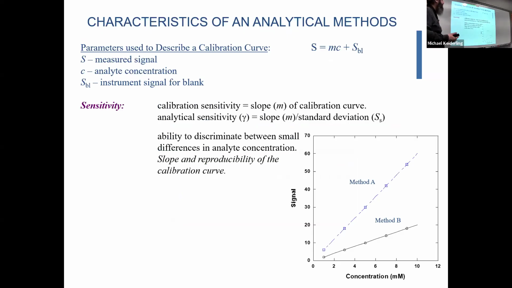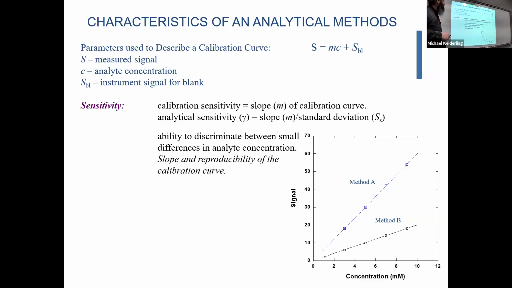So the parameters used to describe a calibration curve: S is the measured signal, C is the analyte concentration, and S blank is the signal from the blank. And then the slope is the calibration sensitivity, and the analytical sensitivity is the slope divided by the standard deviation.